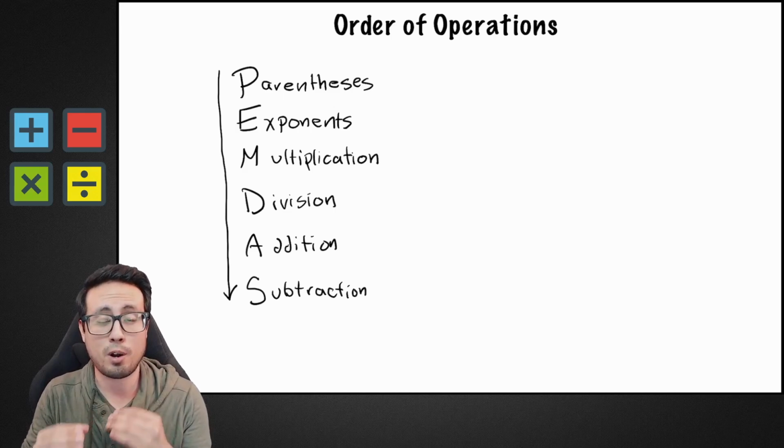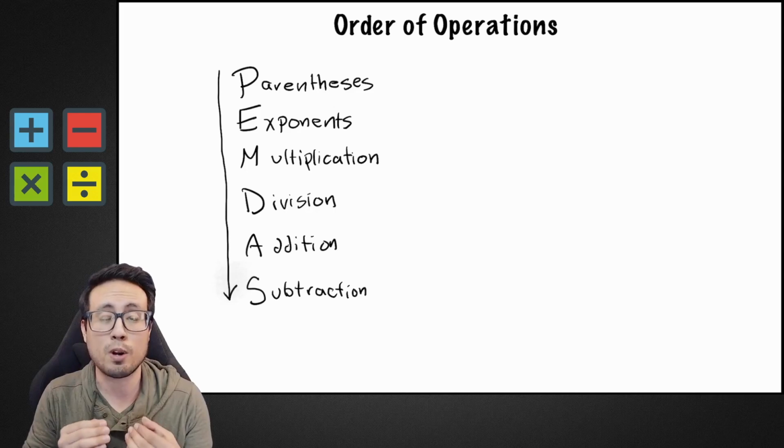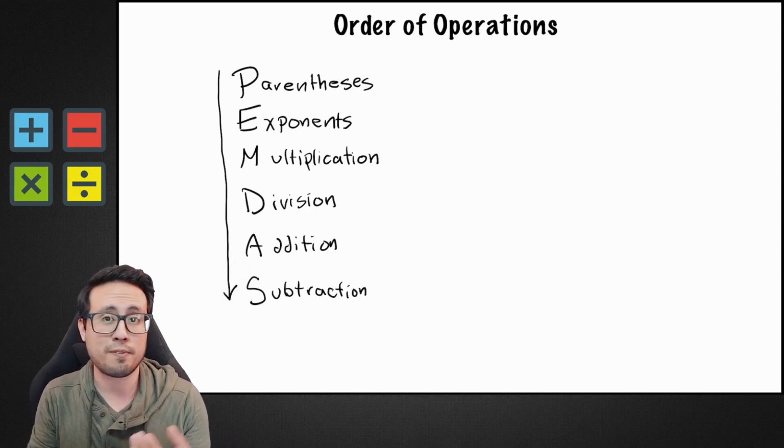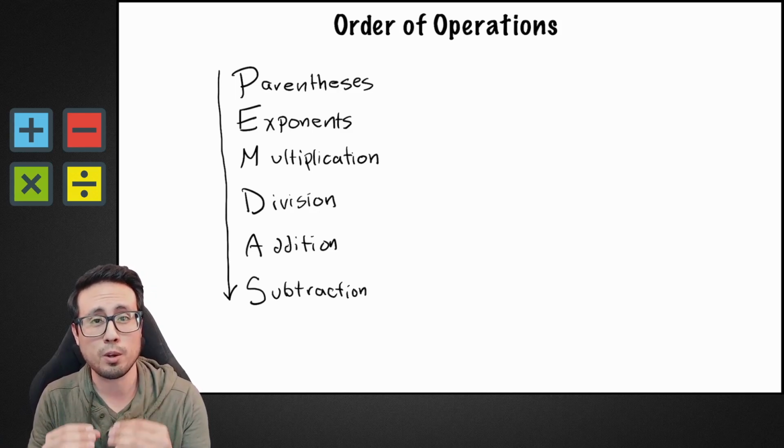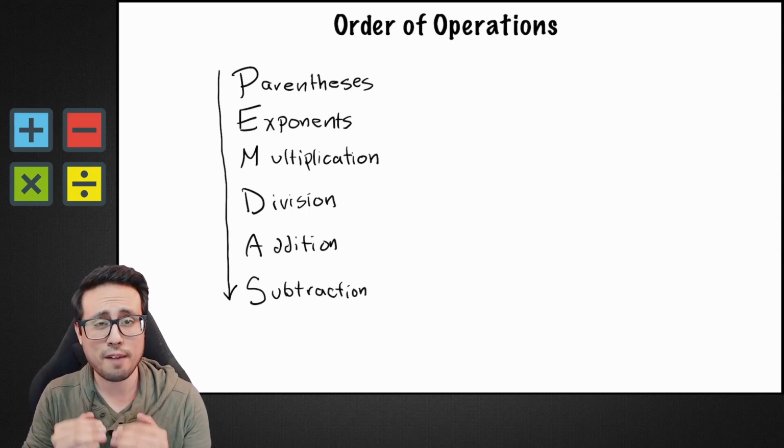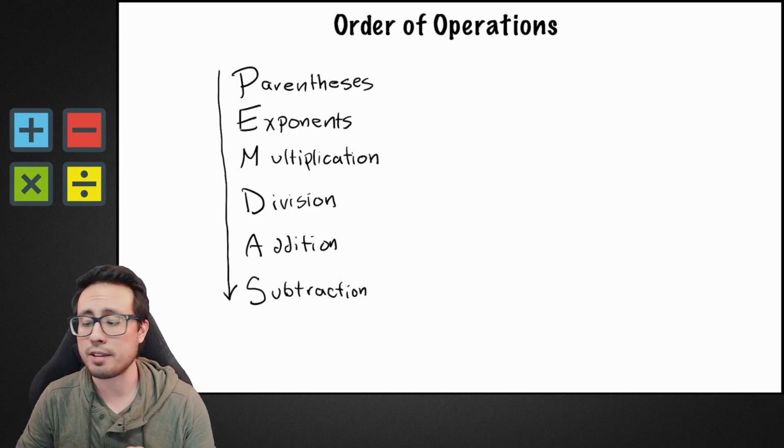Addition and subtraction are also opposites of each other, which also means that it doesn't matter what order you do them in. You could add first and then subtract, or you could subtract first and then add. It doesn't matter what order you do them in, as long as you're only adding and subtracting. So again, you have to go in this order, PEMDAS.